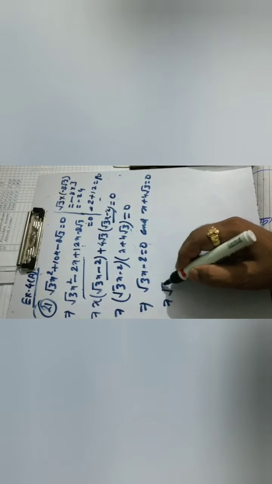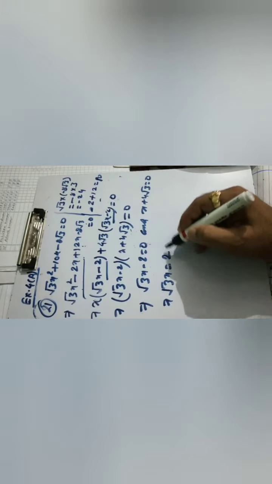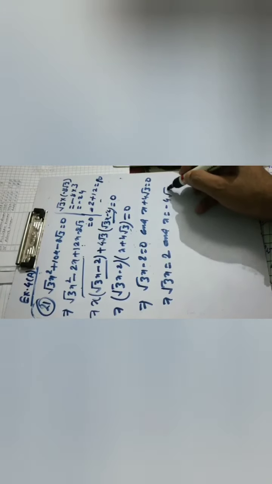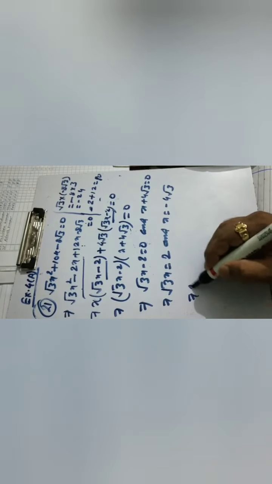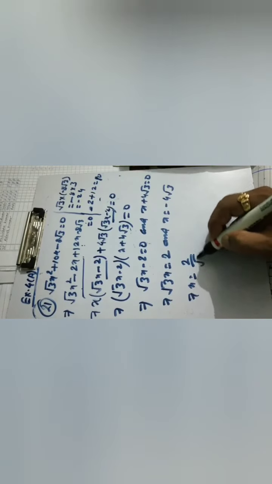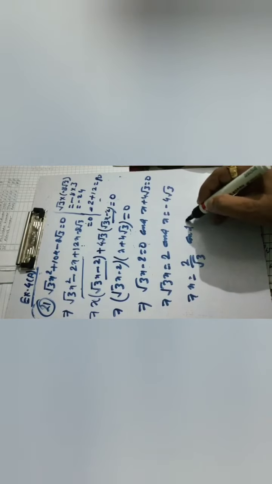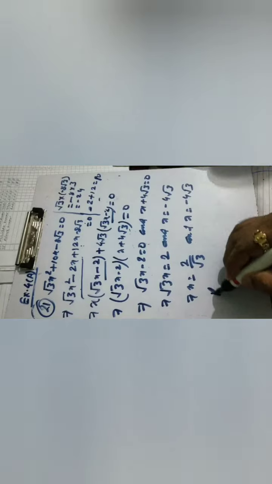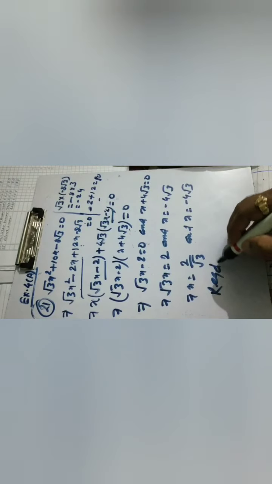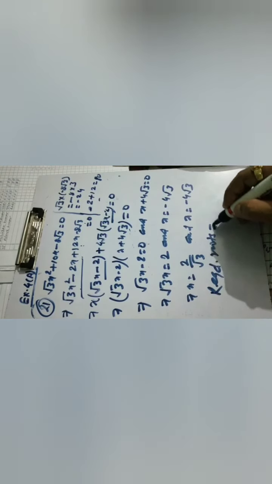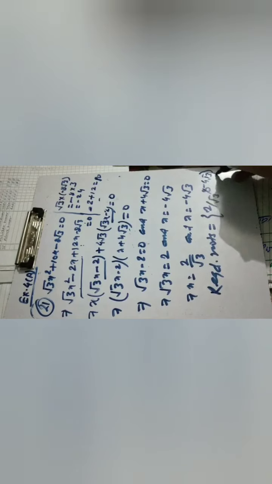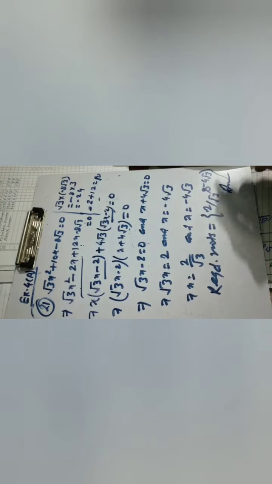This implies that root 3x is equal to 2 and x is equal to minus 4 root 3. This implies that x is equal to 2 upon root 3 and x is equal to minus 4 root 3. So required roots are 2 upon root 3 and minus 4 root 3. This is your final answer.